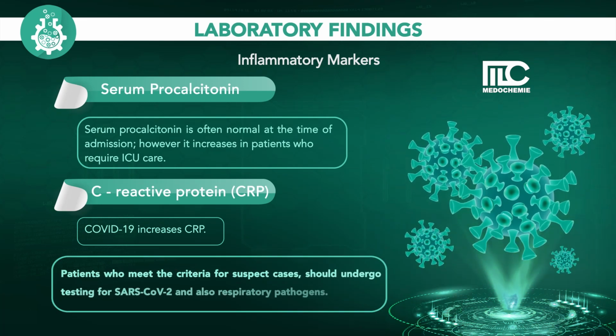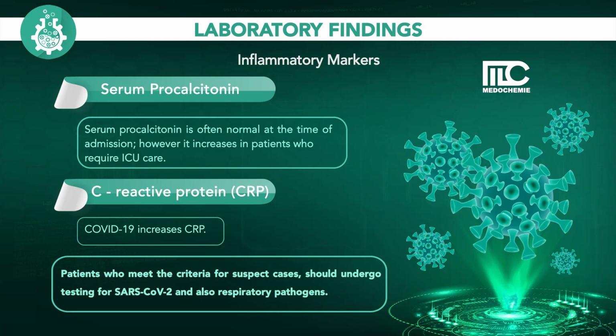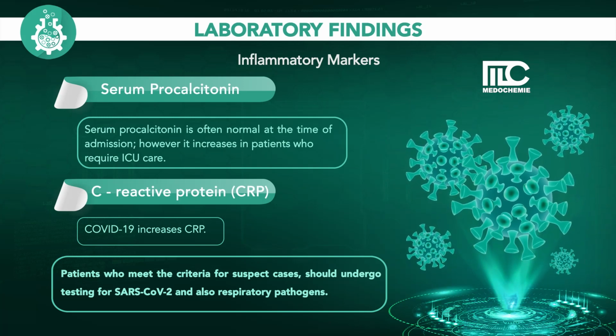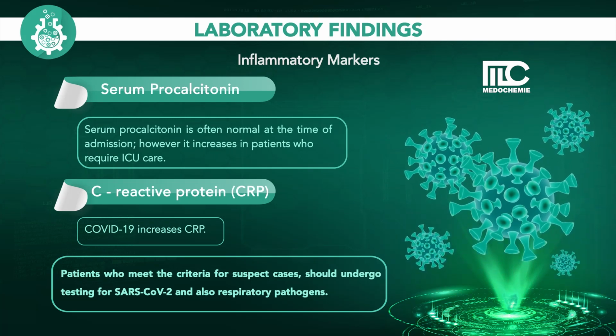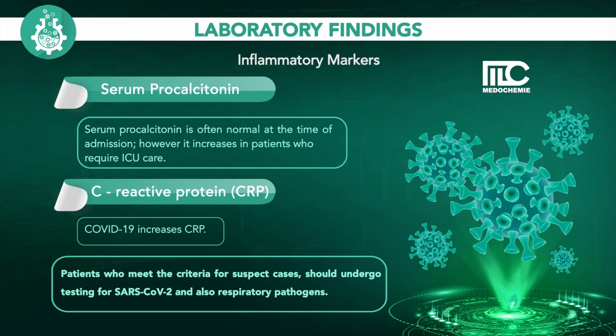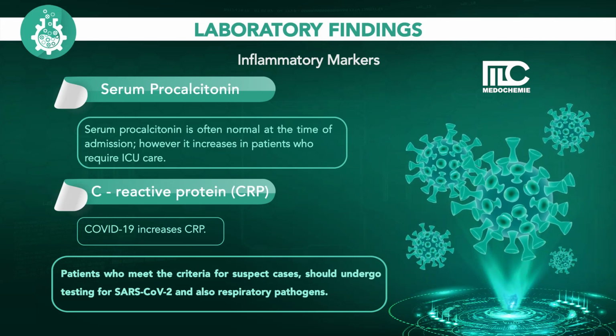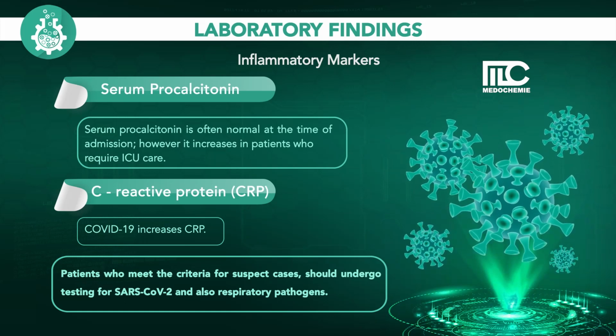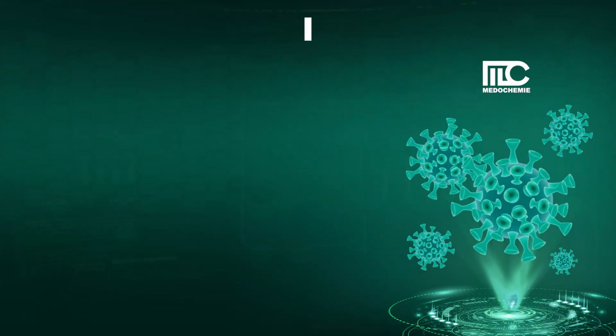Patients who meet the criteria for suspect cases should undergo testing of SARS-CoV-2. Now it's called either COVID-19 or SARS-CoV-2, because we have SARS-CoV-1 before in 2003, and also other respiratory pathogens.